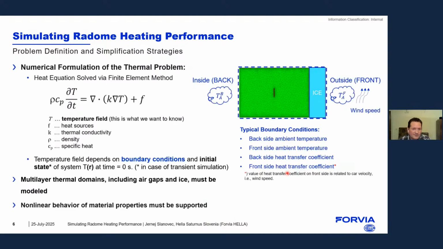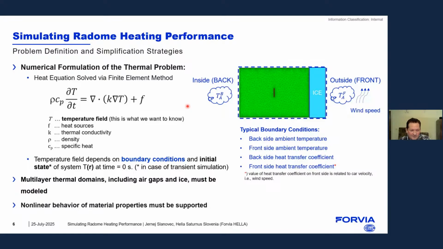Now, going to maybe a more numerical formulation of the problem, what we are then left with is we want to solve the heat transfer equation on this 2D domain. And how we do this is we use the finite element method in Wolfram Mathematica. For this, I think it is generally known, we must understand and provide proper boundary conditions, then heat sources.